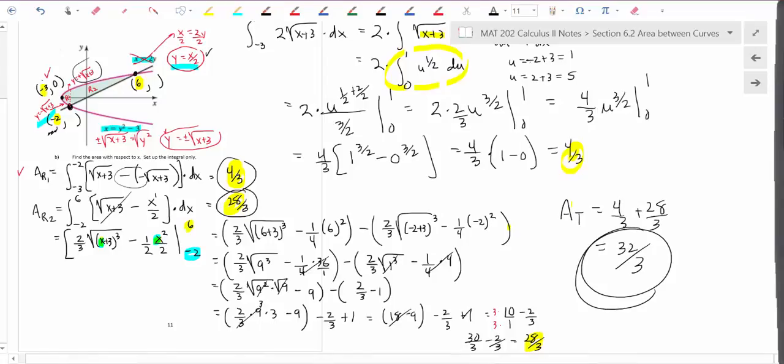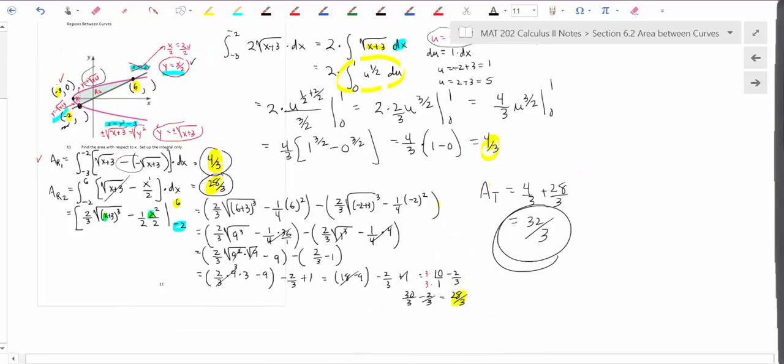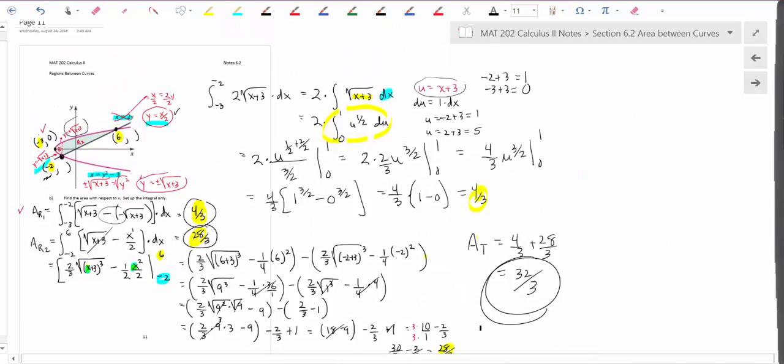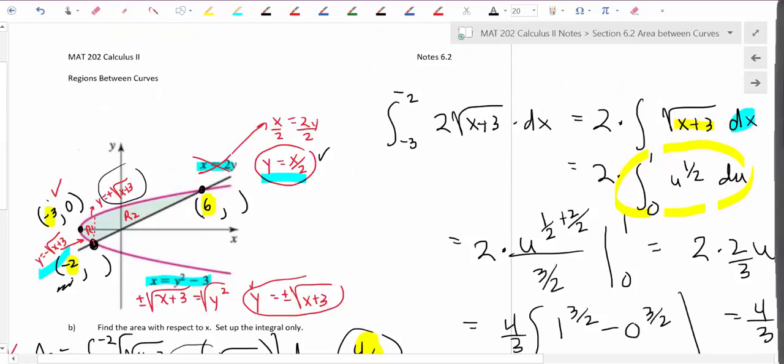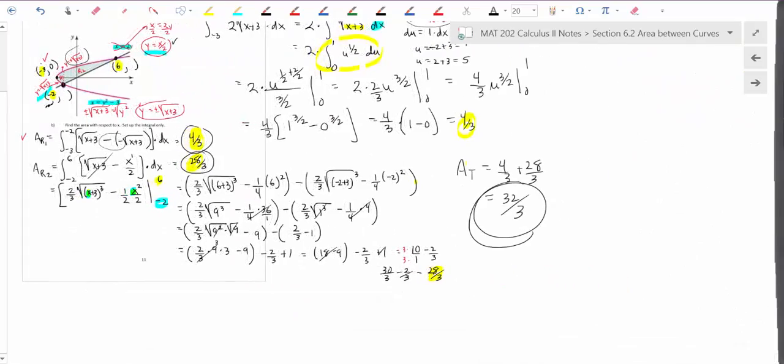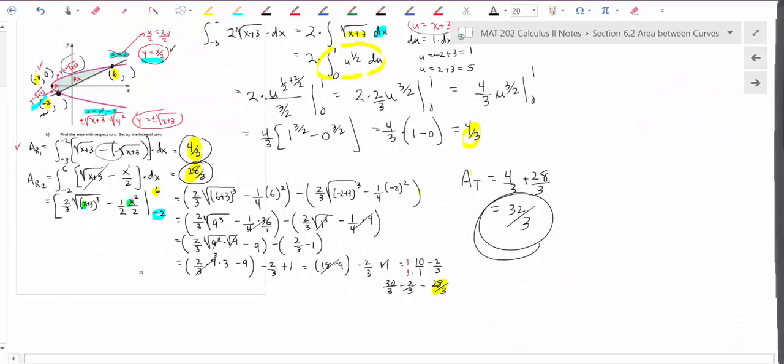And that is the same answer as the previous problem. I'm just showing you a different way to do that. Notice on this we got 32/3, and on the problem I just worked out using this technique, I also got 32/3. So that is your final answer right there.